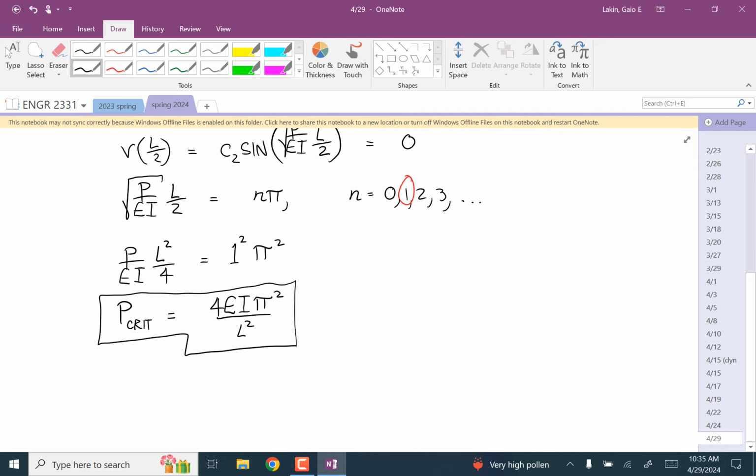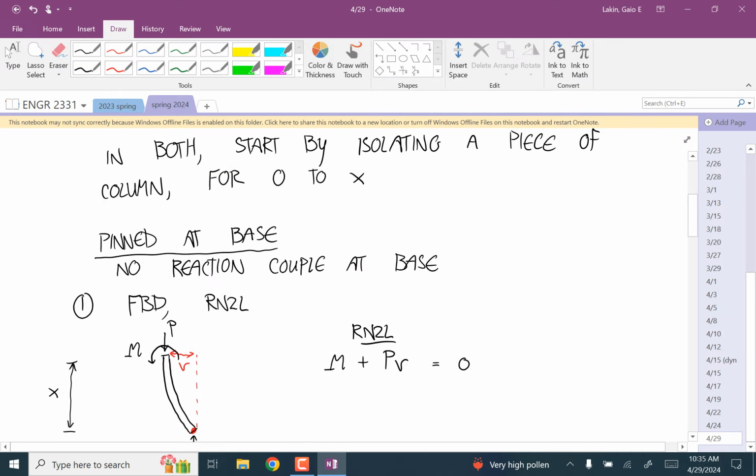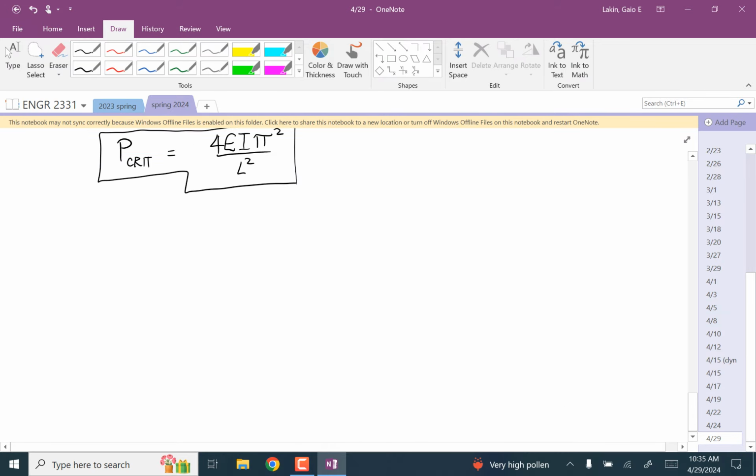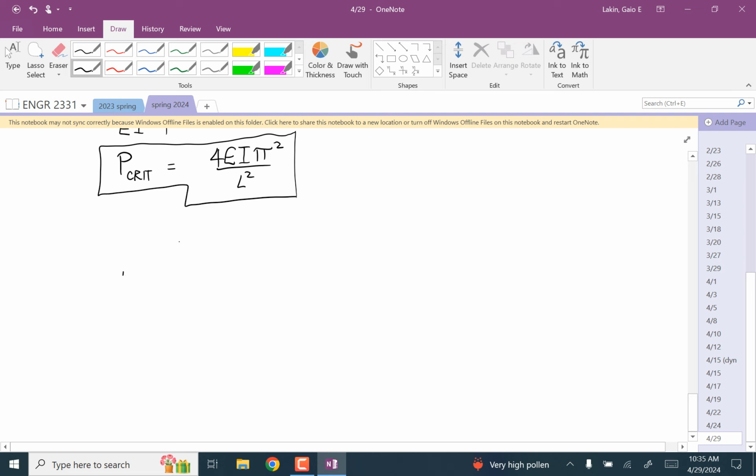So now let's think about the case where it's fixed at the base. Well, this time, because it's a fixed joint, we are going to have an external couple applied at the base. Let's call that M sub 0.